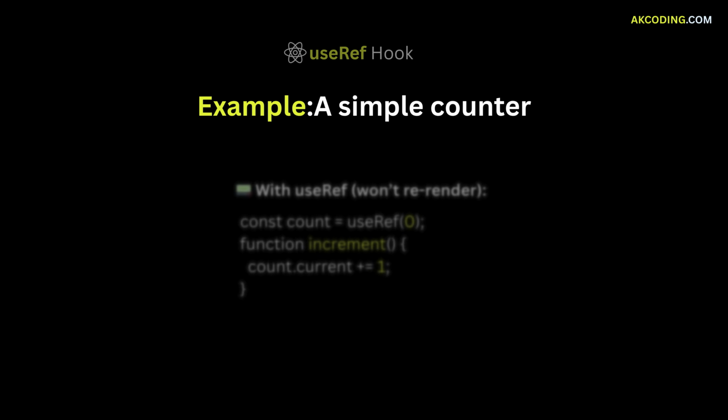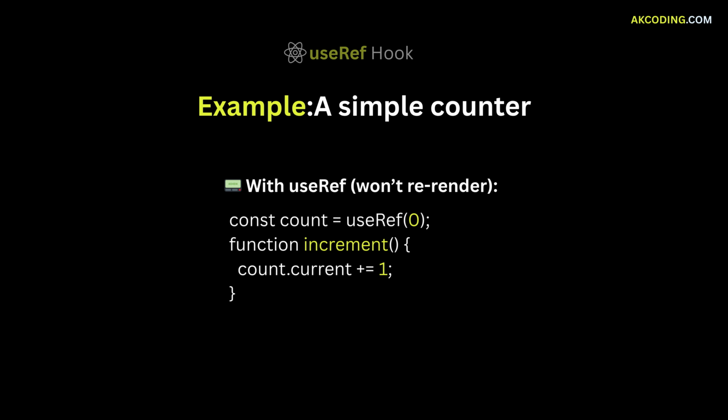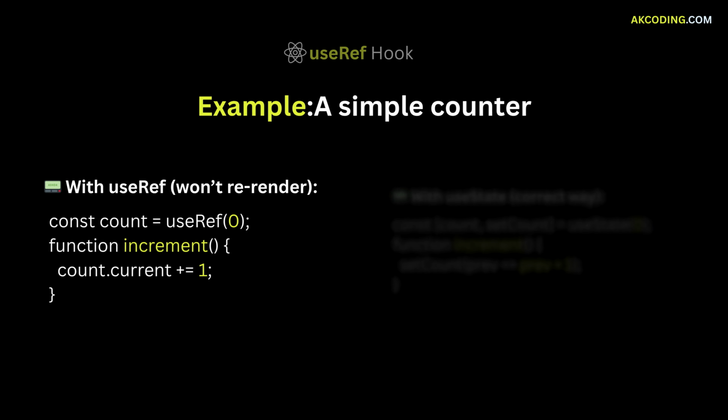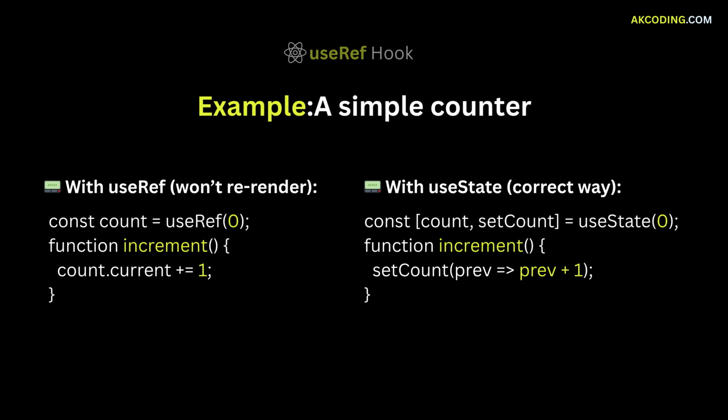Here with useRef, const count = useRef(0). The increment function is count.current += 1, that is the increment. With useState, the correct and preferred way, const [count, setCount] = useState(0).